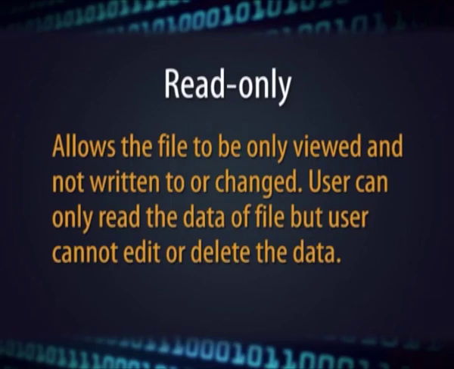Files in DOS have four types of attributes. 1. Read only. Read only allows the file to be only viewed and not written to or changed. User can only read the data of the file, but cannot edit or delete the data.